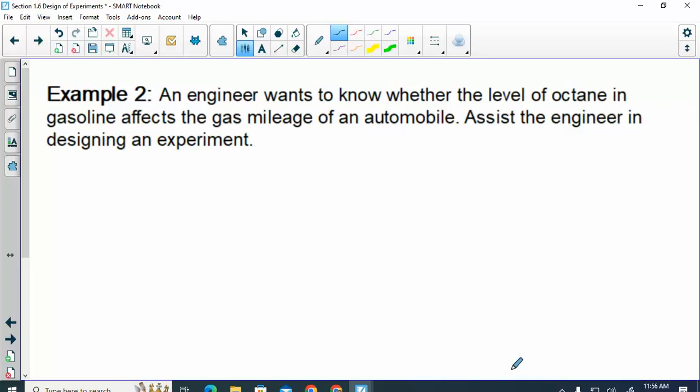So we would need to pick all vehicles to be the same. We're trying to control, what am I trying to control there? Yeah, controlling the level of octane, and to make sure that it's really the level of octane that's showing any differences at the end. I'm trying to control for any lurking variables, anything like that. So we would need the same make, model, year.